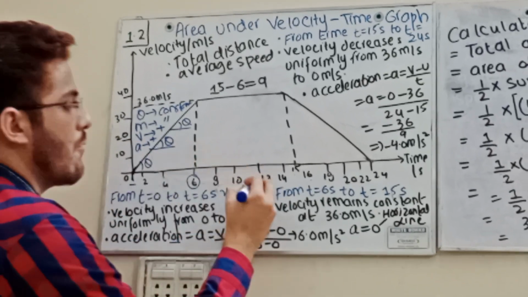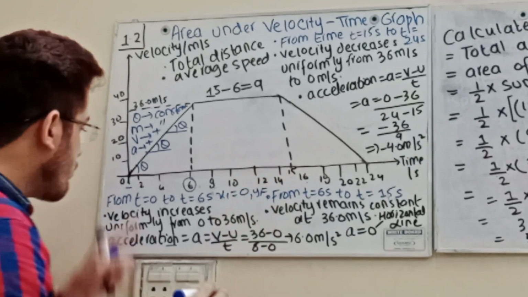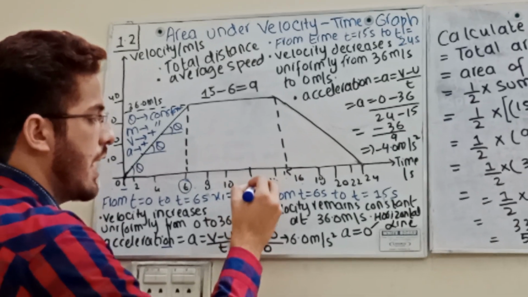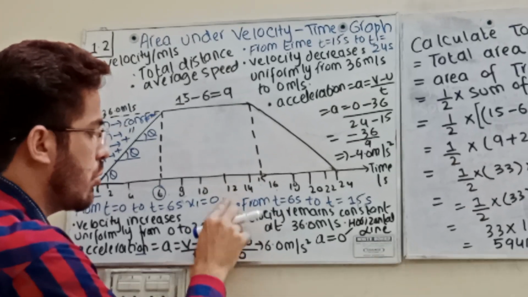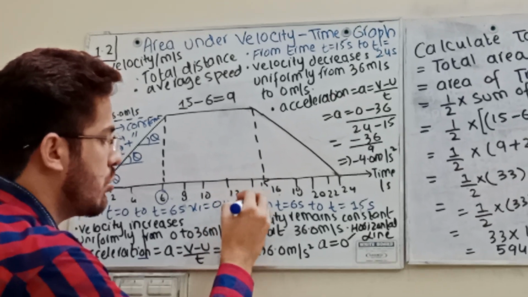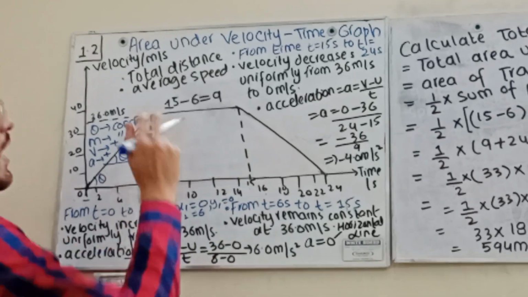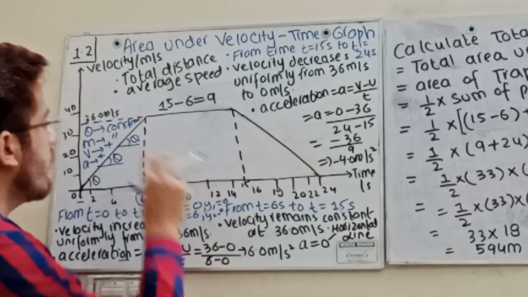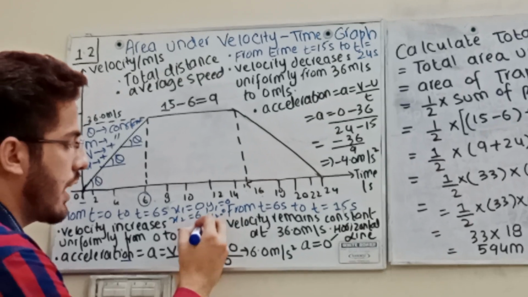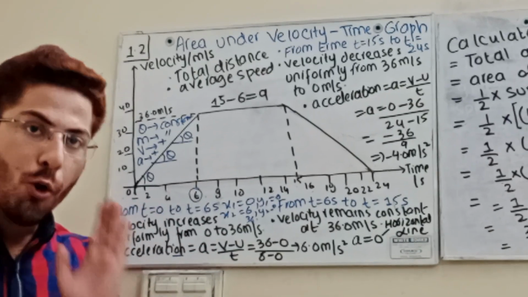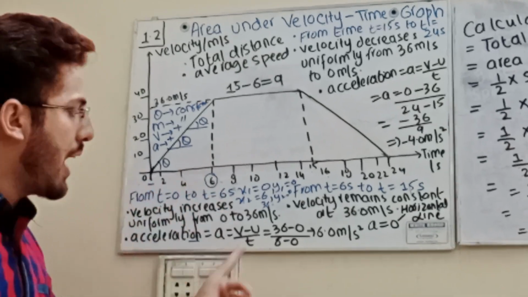Definitely we have y1 is again 0, which is at rest. Then x2 we have definitely 6, student, and y2 definitely we have 36 meter per second. Because we have very little space, and I already know that you know how to get these values.